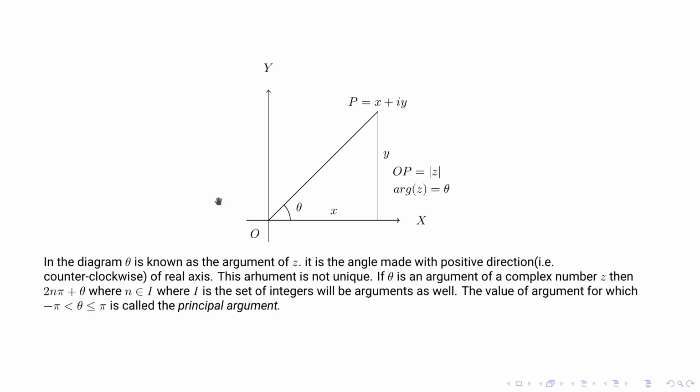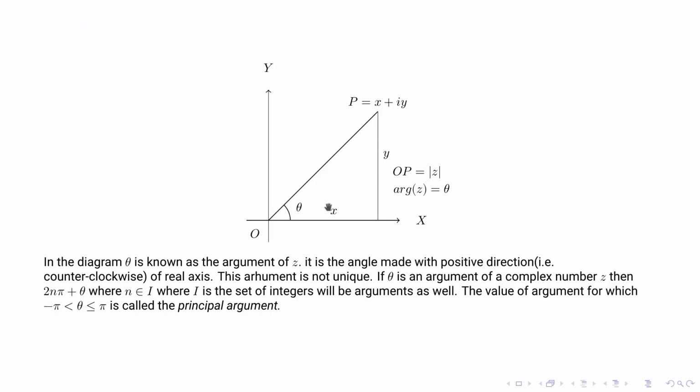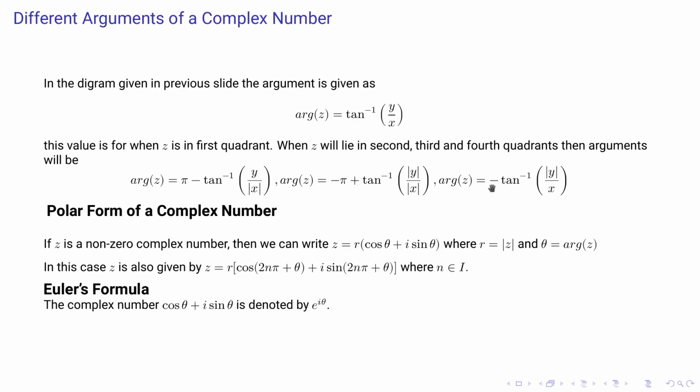So you can make x positive and then subtract that from pi. If it is in the third quadrant, then it is minus pi plus tan inverse of mod of y divided by mod of x. So this means that this is in the third quadrant, that is over here. So you take minus pi and then you take tan inverse of that and then add that. And similarly in fourth quadrant, it is equal to minus tan inverse of mod of y by x.